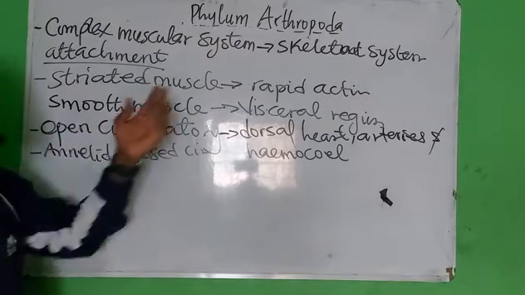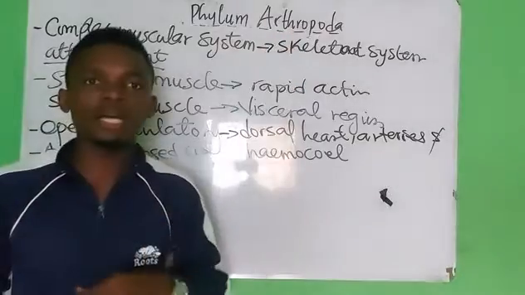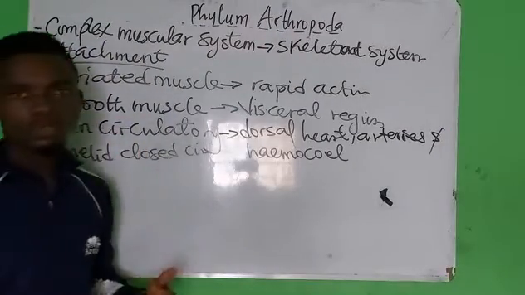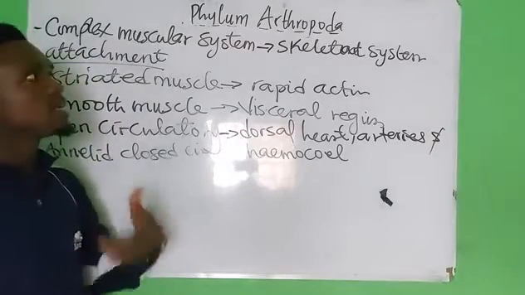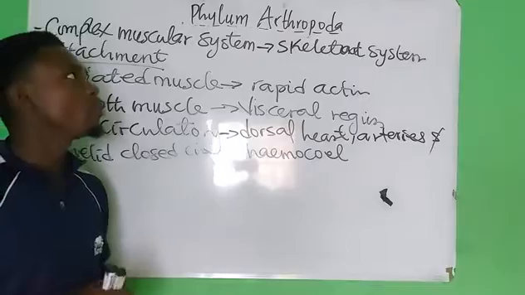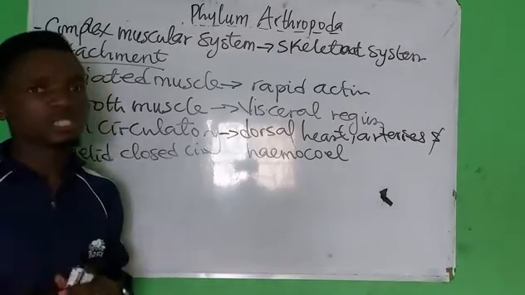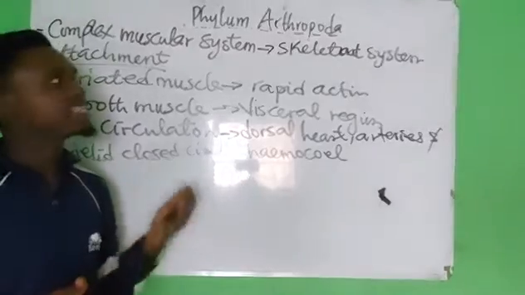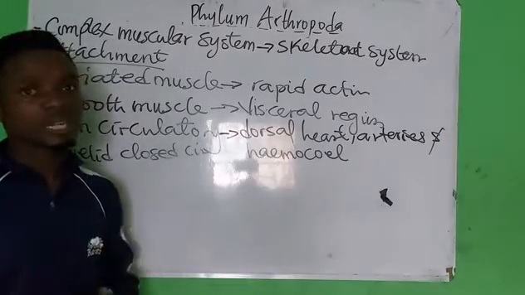Some of the organisms found in phylum Arthropoda are predators or hunters, in the sense that they survive by feeding on prey. Alright, a good example is an arachnid, spider. Spider is predaceous, or it is carnivorous or insectivorous.